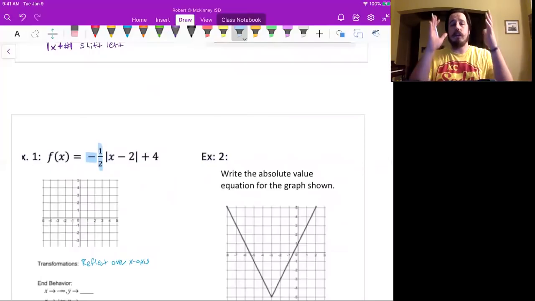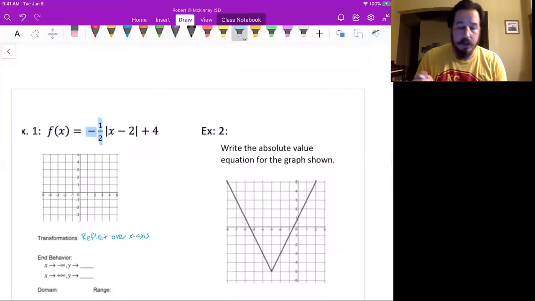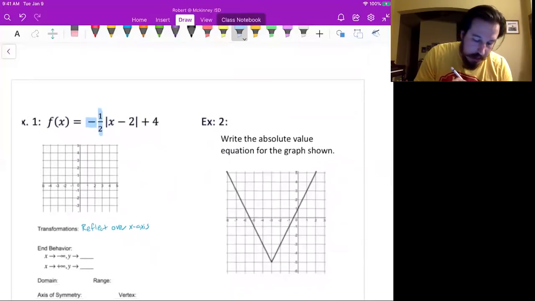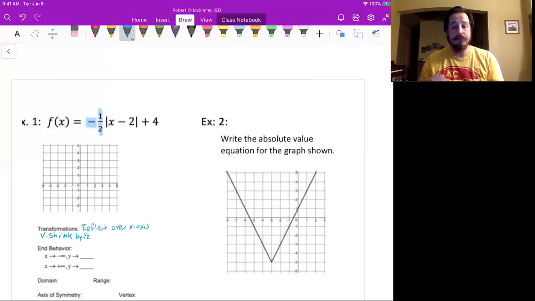So I'm just looking at the numeric value of 1/2. 1/2 is between 0 and 1. Therefore, I have a vertical shrink. And I say by what value? So it's a vertical shrink by that A value of 1/2.